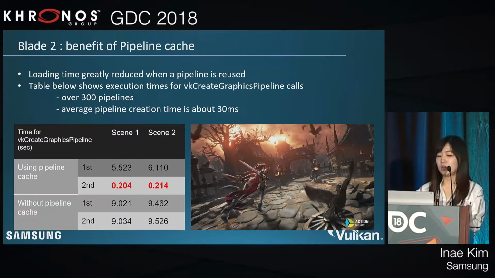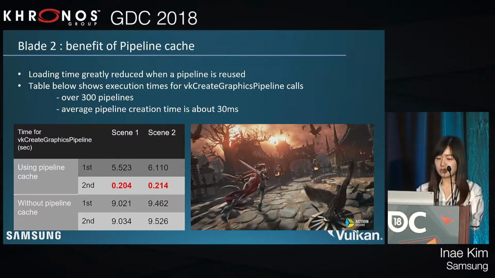As you can see, this screenshot is displayed on mobile, and we provided on-site support to Action Square. This game is an action RPG, so when loading a battle scene, it takes time as the game needs to create all the pipelines it needs to use. After that it doesn't create anymore, it just plays the game.